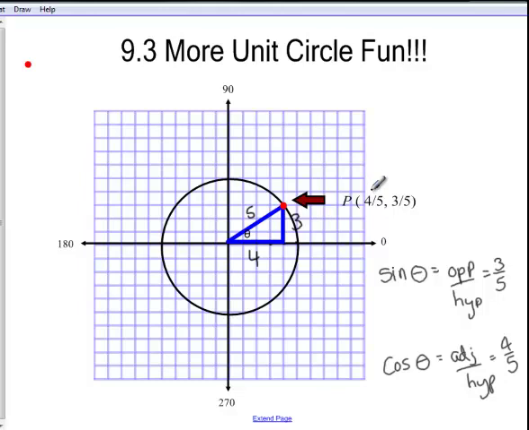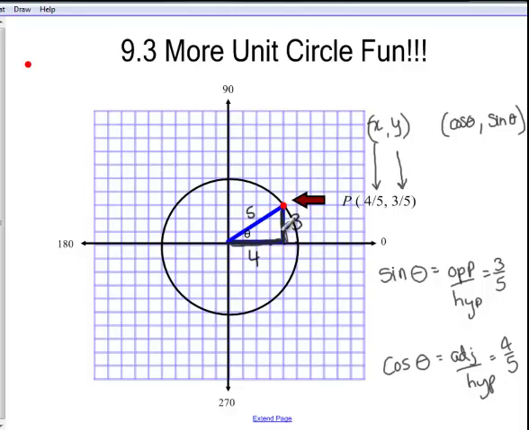And if we look here, we see 4 over 5 is in the x place, and we see 3 over 5 is in the y place. That's because the Greeks found out that when you're working with angles, the cosine of the angle is really the x value, and the y value is really the sine.